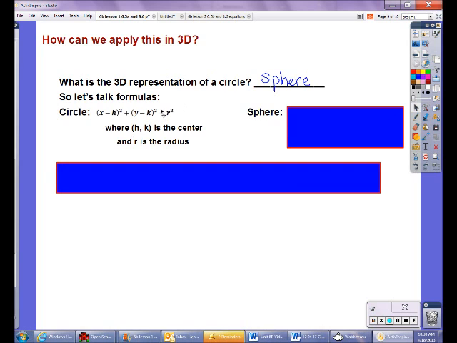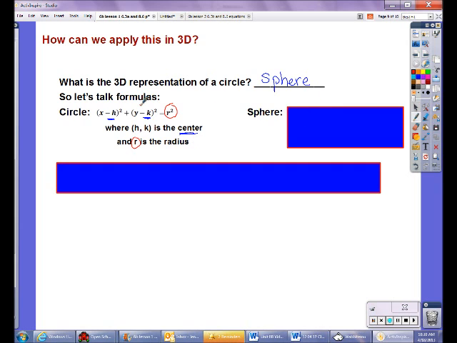This is the equation for a sphere centered at h, k instead of 0, 0. So instead of just x squared and y squared, we have x minus h squared and y minus k squared. This is just your center. And r is the radius. So we're going to square the radius. How can we do that with a sphere?